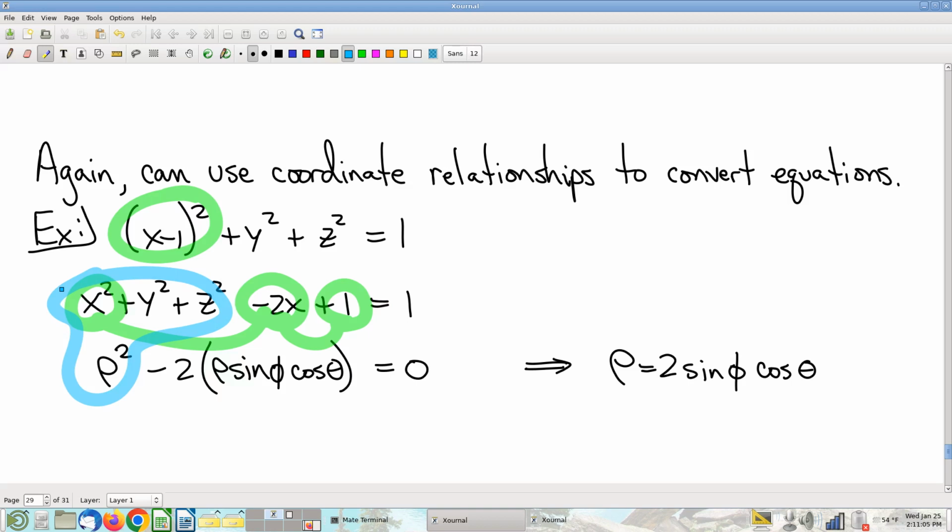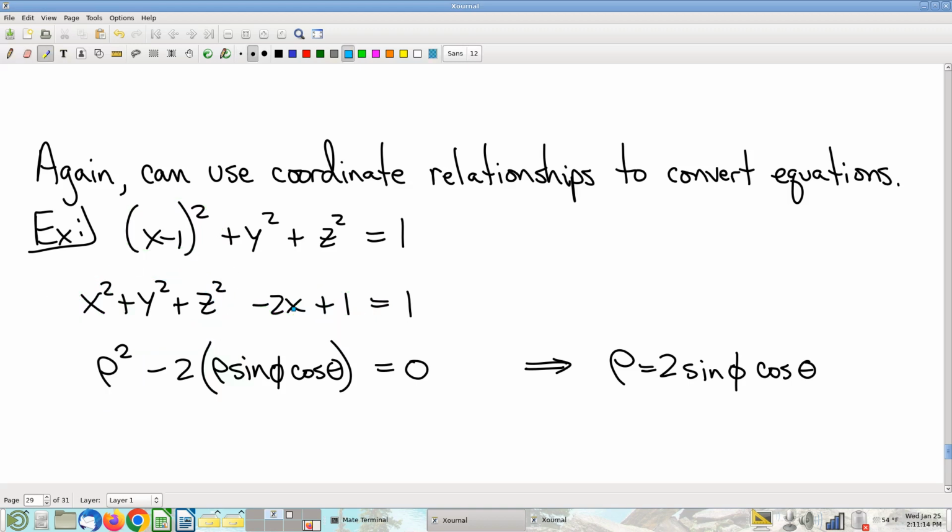Now we just saved ourselves a certain amount of messing around with Pythagorean trig identities. So that was convenient. Then the only thing left to do is to plug in that formula for x, solve for rho, cancel common factors, and here's your formula for rho as a function of phi and theta. This is the spherical equation for that sphere.